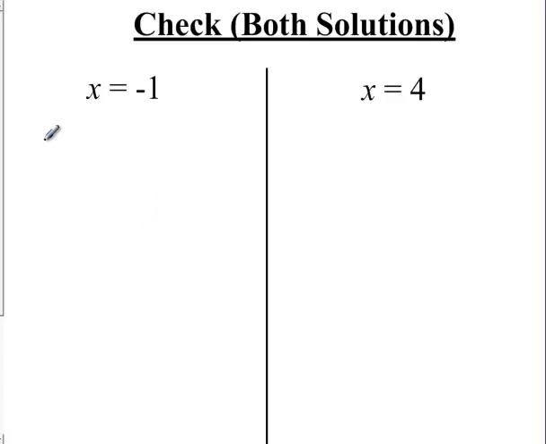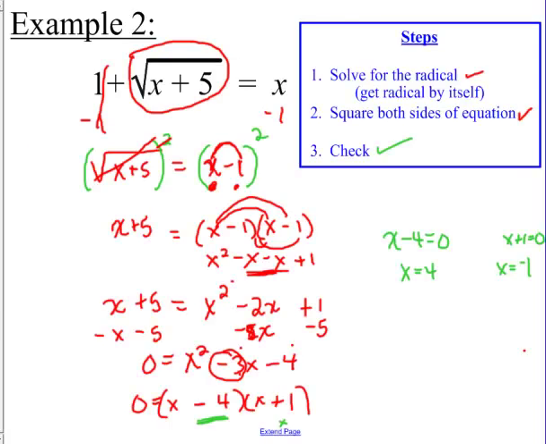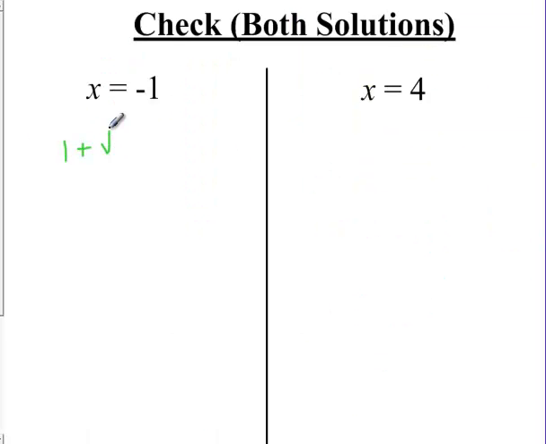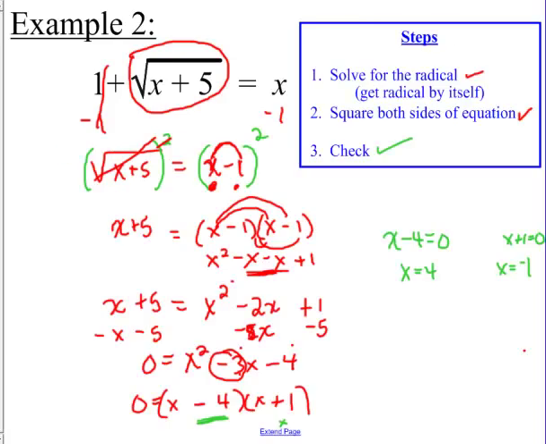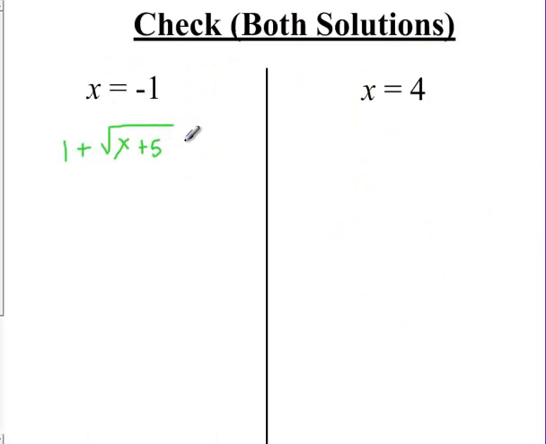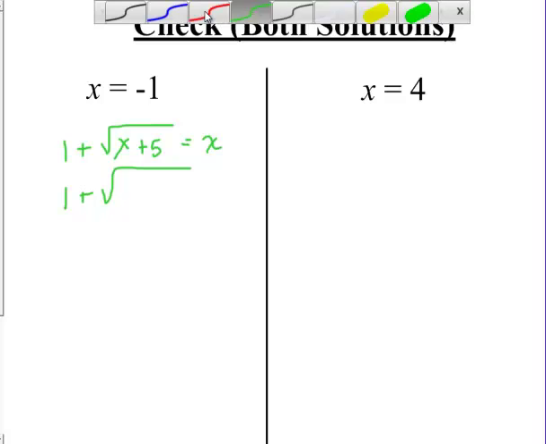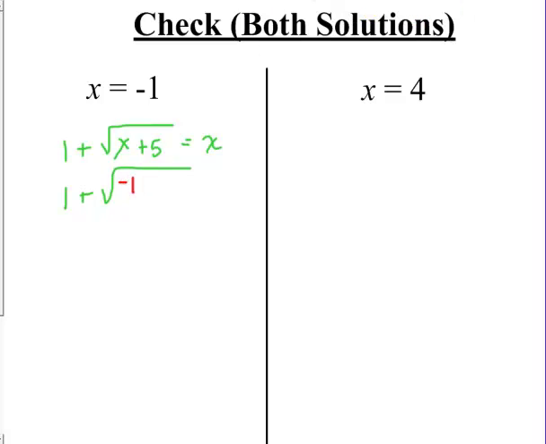So my equation, I have to go back and grab it: 1 plus the square root of x plus 5 equals x. Okay, so we're going to plug in our negative 1 for the x. So we see 1 plus the square root of negative 1 plus 5, and that will equal our negative 1.